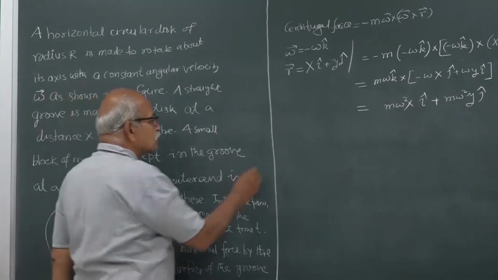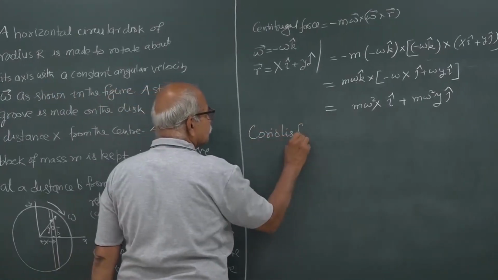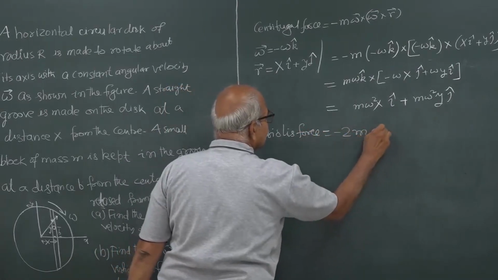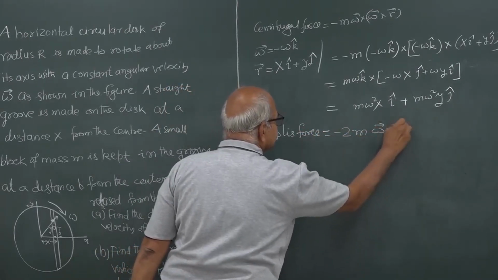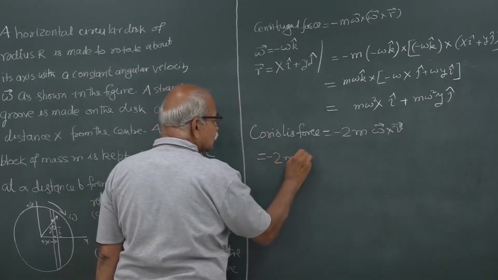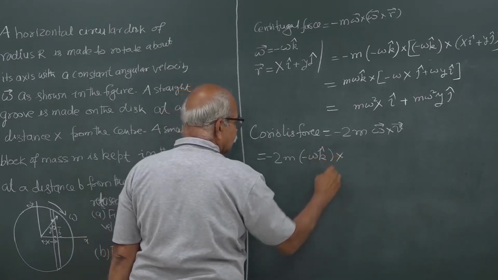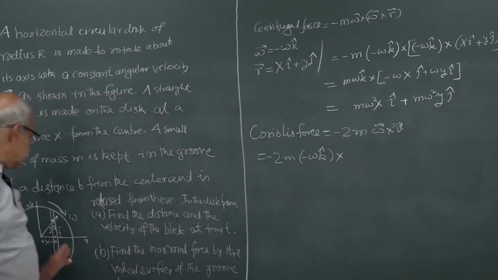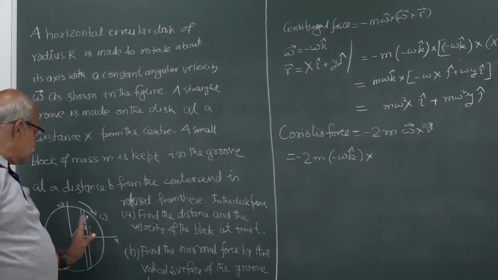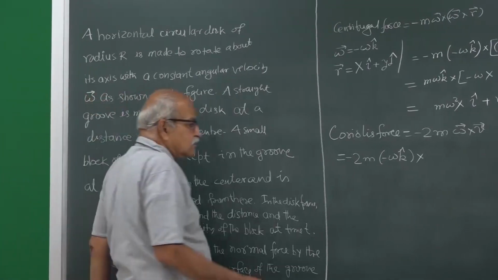Then you have Coriolis force. What is Coriolis force? It is minus 2 m omega cross velocity. So, that is minus 2 m, then minus omega k cap and cross velocity. Velocity is only in y direction, nothing in x direction. It can only move in the groove. So, it is just y dot.